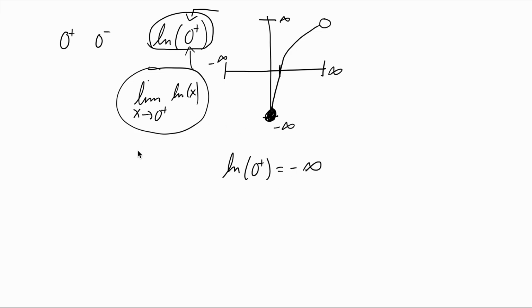This idea extends to other things, such as, what about the inverse tangent? Inverse tangent's a little bit different because you're looking at something that goes like this with some asymptotes, so it's kind of on its side.